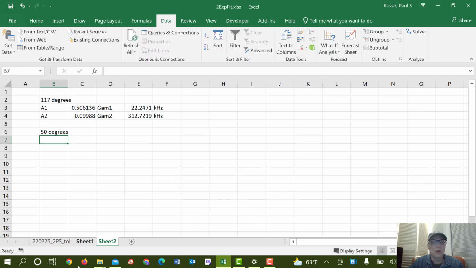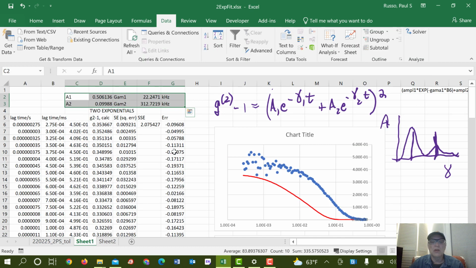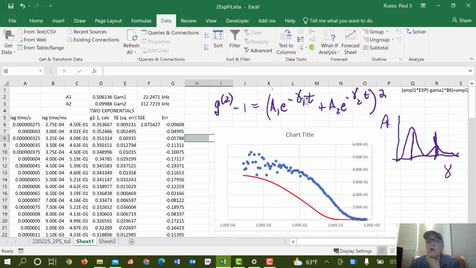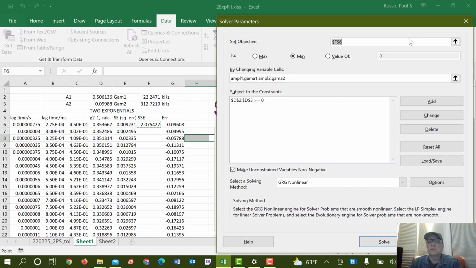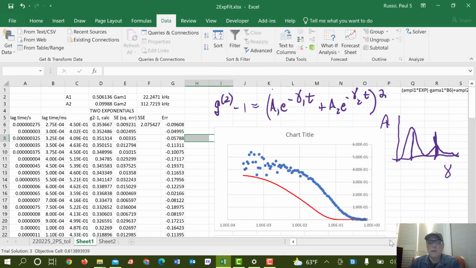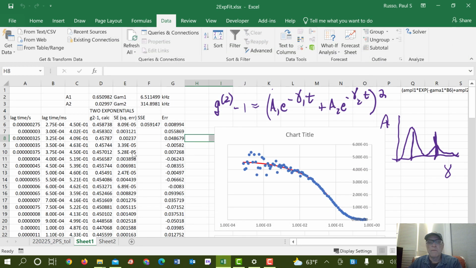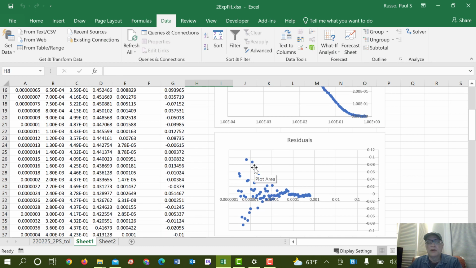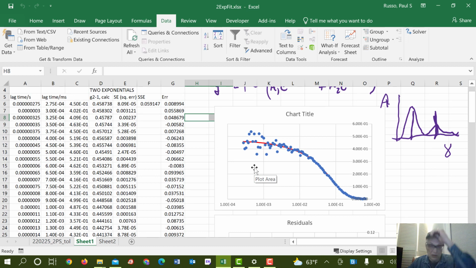Okay, so let's go here, we'll go there, and I bet we can just run it with these initial guesses, probably close enough. Go into Solver. Yeah, could be worse. Not surprisingly, the low angle data are better.